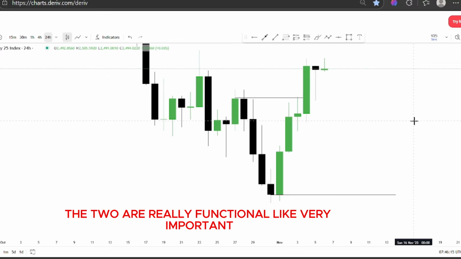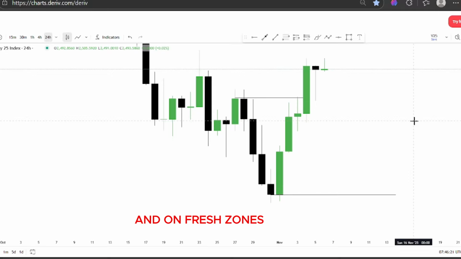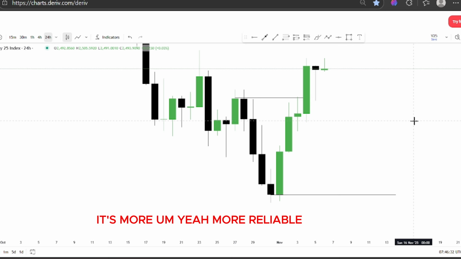All right. So now, which one is more reliable? The two are really functional, very important. You need to acknowledge both the fresh and unfresh zones. I think the actual fresh zone is more reliable. It's more effective than the unfresh.